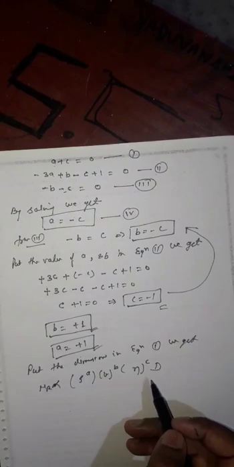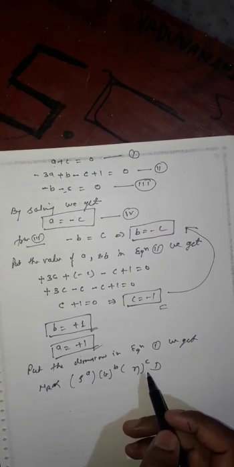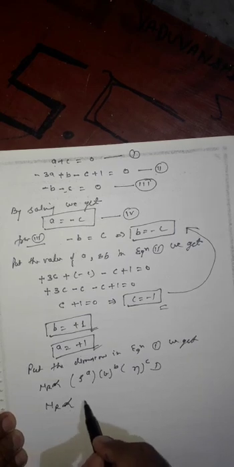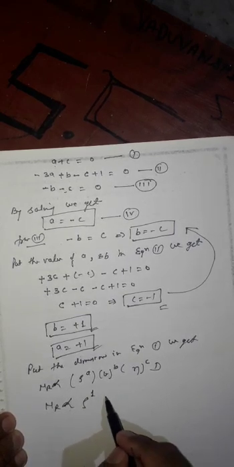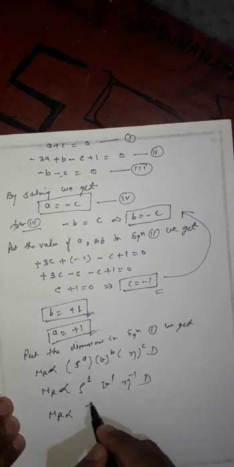Put the values of a, b, c here: density power 1, velocity power 1, eta power minus 1, into d. So the minus 1 factor will come out in the denominator. Then the Reynolds number is proportional to rho v d upon eta.